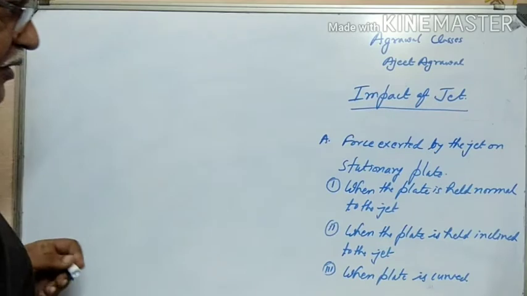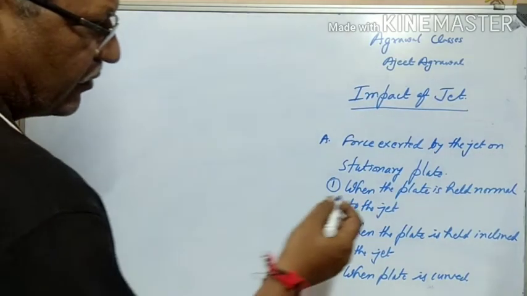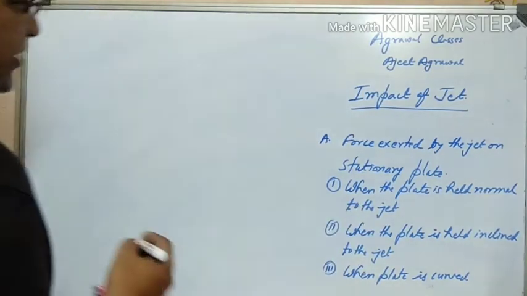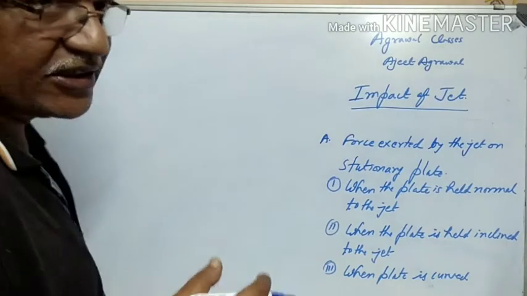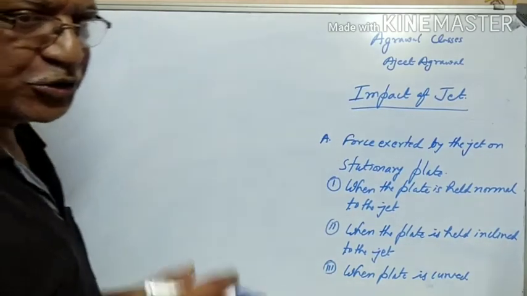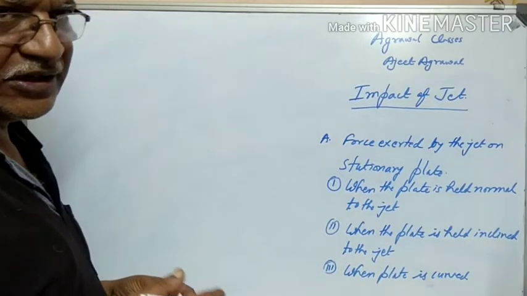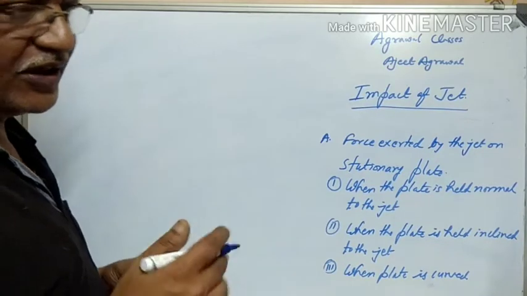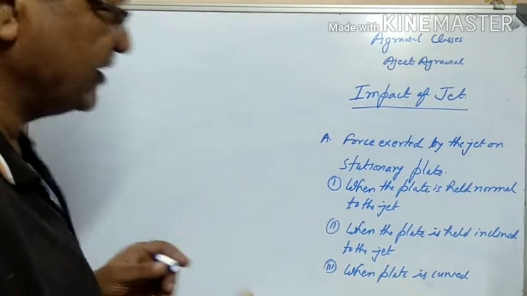So first we will consider when the plate is held normal to the jet. What is a jet? Basically, a jet is a fluid stream issued from a nozzle with a high velocity, that is, having a high kinetic energy.